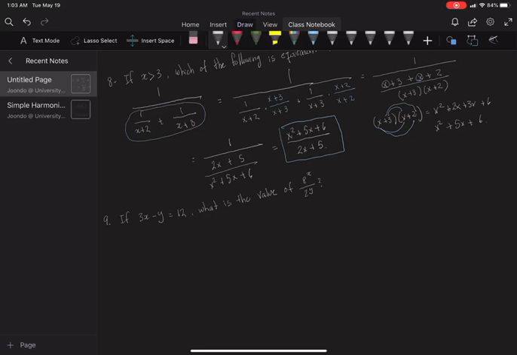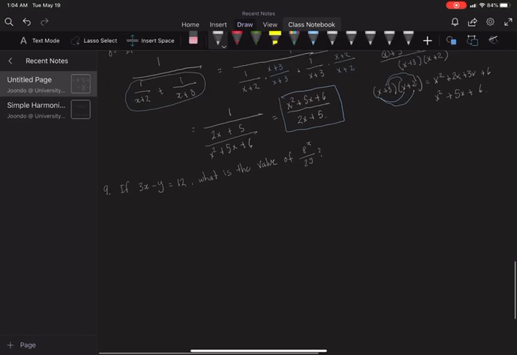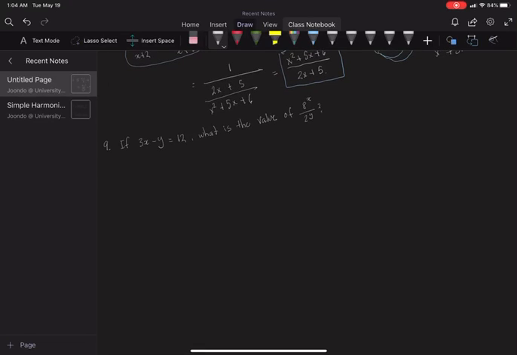Okay. Well, let's see. So 3x can be equal to 12 plus y. And solving for x, we get x is equal to (12 plus y) over 3.